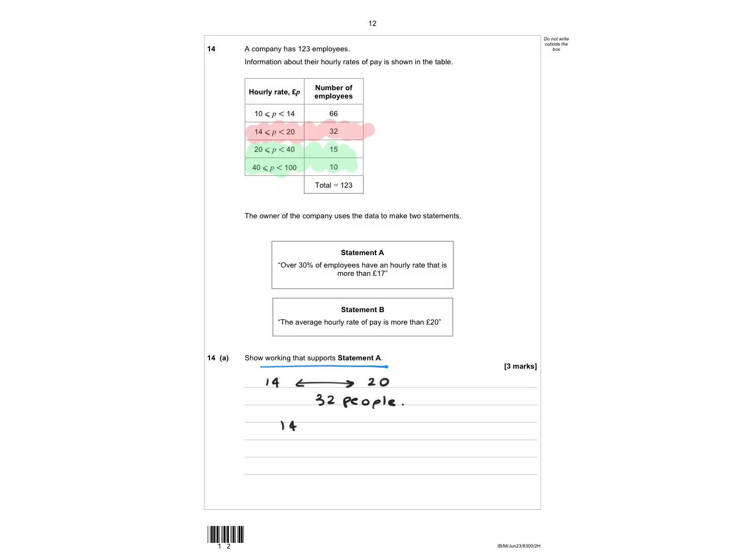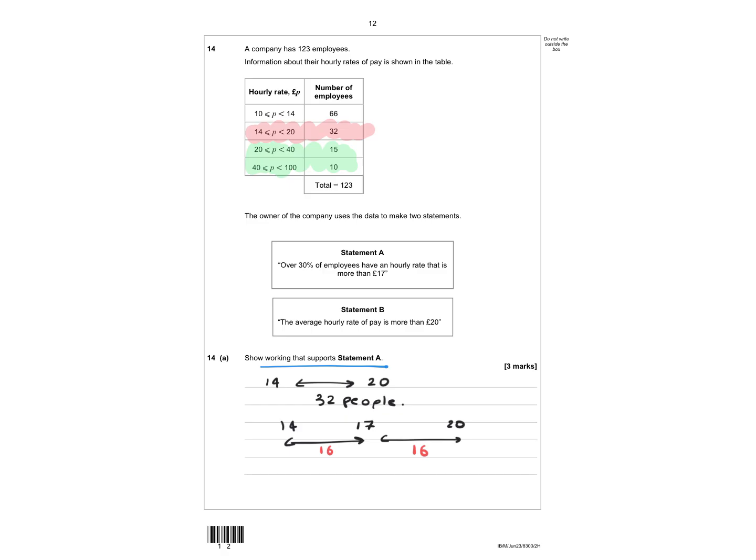So if you imagine, we've got 14 to 17 as being the lower half of the group, and 17 to 20 as being the upper half of the group. Well, let's assume, because that's the only thing we can do here, that the 32 people are split evenly, with 16 of them earning between £14 and £17 and 16 of them earning between £17 and £20.